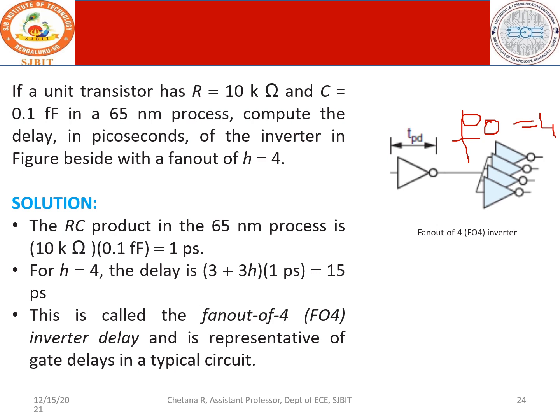For H equal to 4, the delay would be (3 plus 3H) into 1 picosecond, which is 15 picoseconds. So almost 15 times. 1 picosecond for one gate, but if it has to drive 4 different gates, it becomes 15 picoseconds. This is called the fan out inverter delay, and this is the representation.